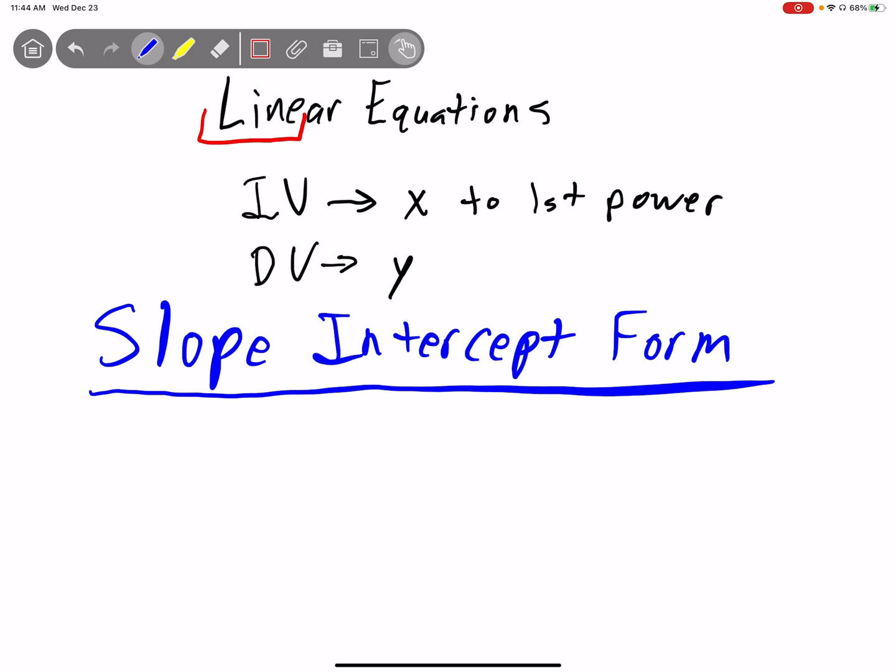Now the way that this is set up, when something is in slope-intercept form, you've actually seen this. We did this in the last lesson. It's going to look like this: y equals m times x plus b.